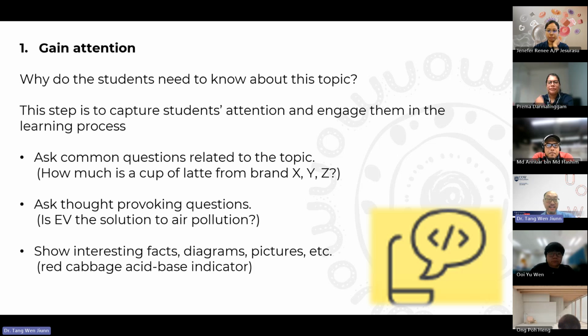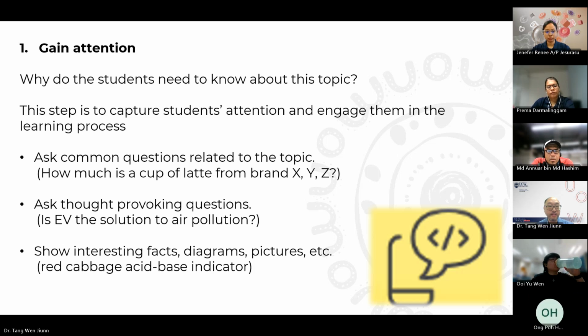Then let them give their opinion. And of course, if you have interesting pictures or facts or diagrams, you can show them that as well, for them to warm up. For example, the red cabbage acid-base indicator, when we are talking about the acid-base topic.